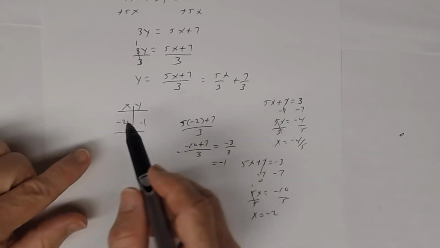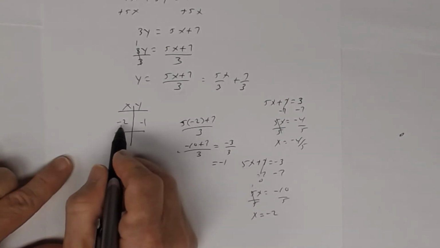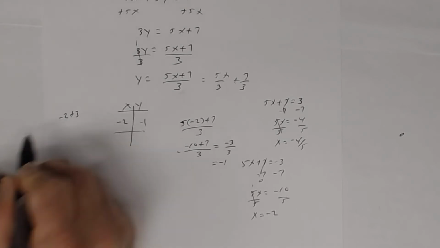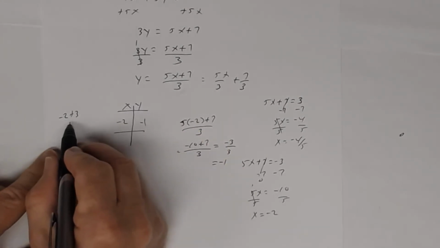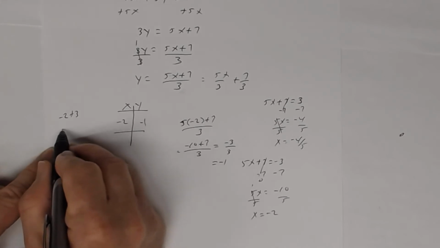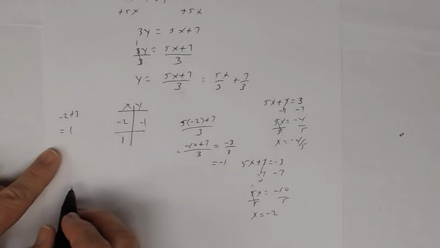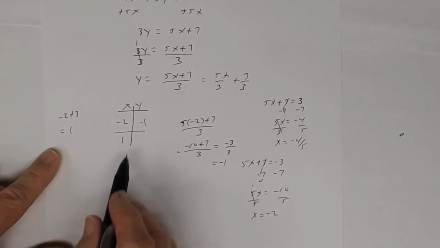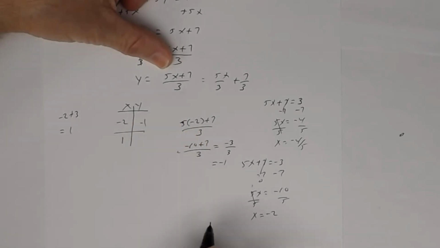Okay? So what I want you to do is to add 3 to -2. So -2 plus 3. Do that. When I add -2 plus 3, I get 1. So if I put 1 in here, notice what happens. If x is 1, and I go here and I substitute 1 for x, watch.